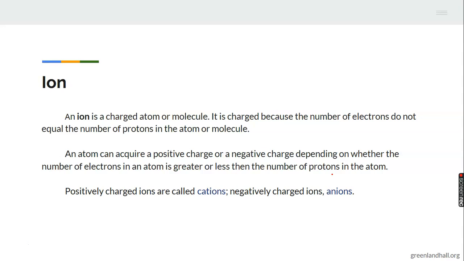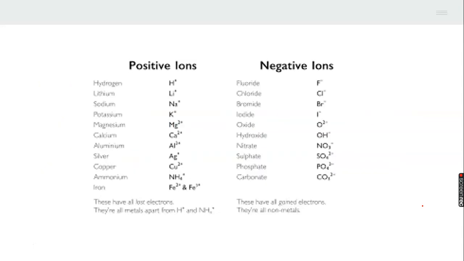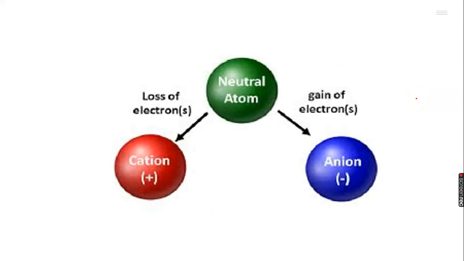Same thing, if you have a deficiency of electrons, the compound will be positively charged. So positively charged ions are called cations, while negatively charged ions are called anions. Here are the examples. You can always take your time and look through. You have the negatively charged ions, which are the anions, and the positively charged ions, which are the cations.